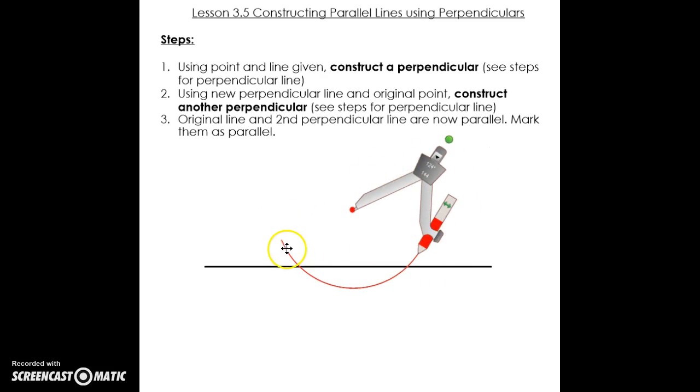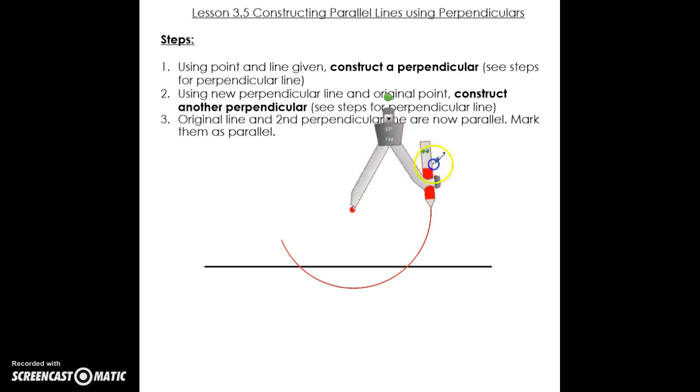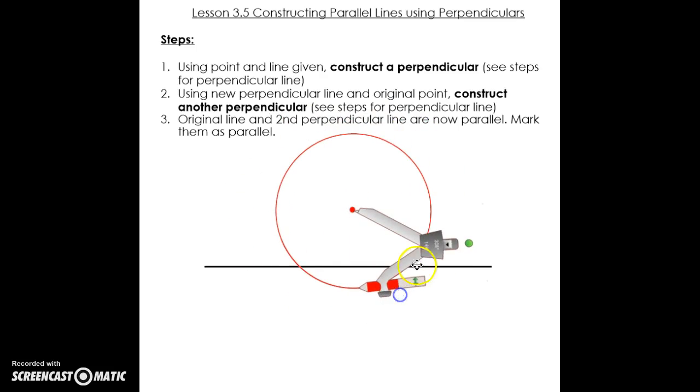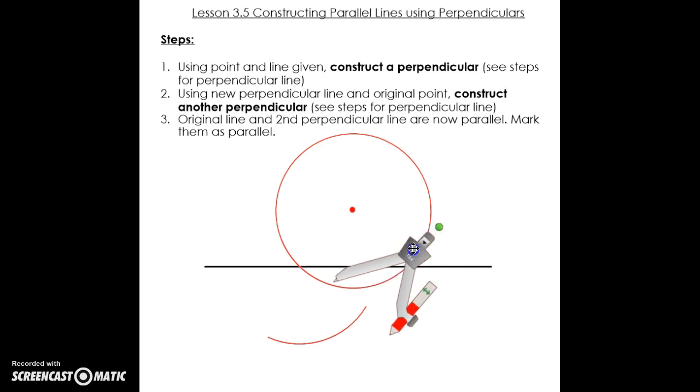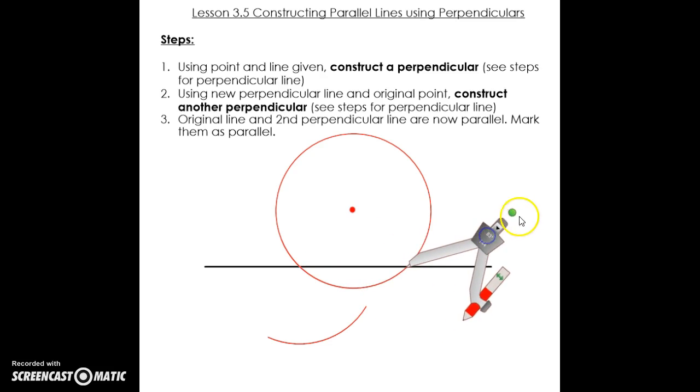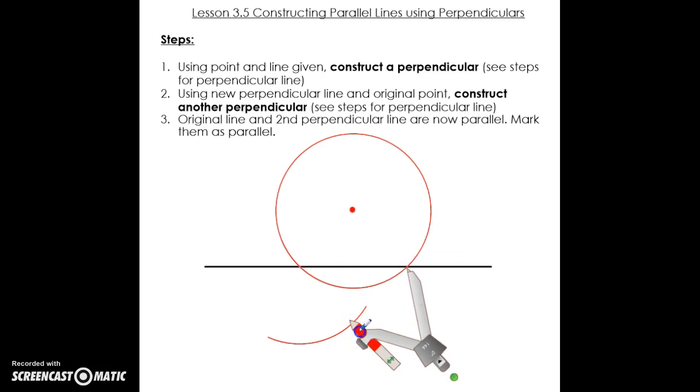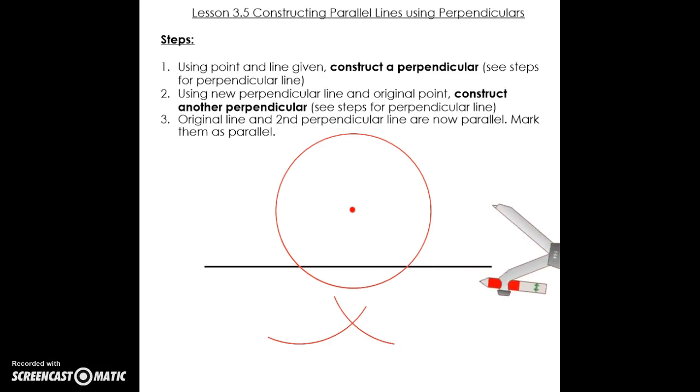Now, because I'm going to be making another perpendicular, what I like to do is create a full circle with this one. And then I'm going to place my compass where the circle intersected the line and make an arc mark. And the second intersection point will create another arc mark, and those two will cross.